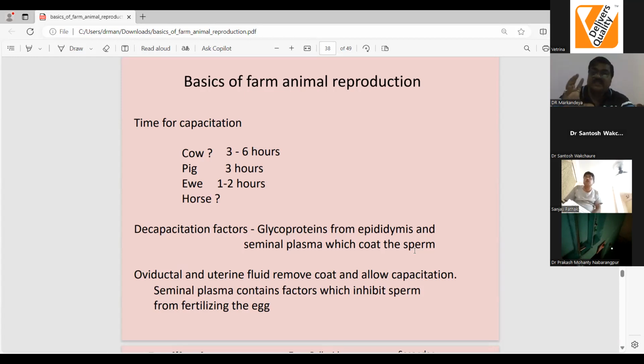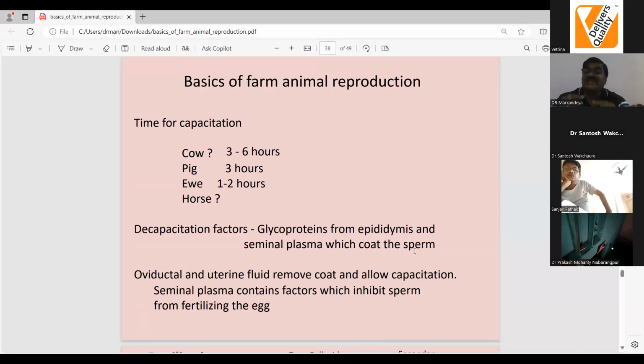The lysosomes available in the head of the sperms play a very important role in their penetration into the ovum. Remember, the ovum is covered by, say, 500 to 600 corona cells tightly packed on it.